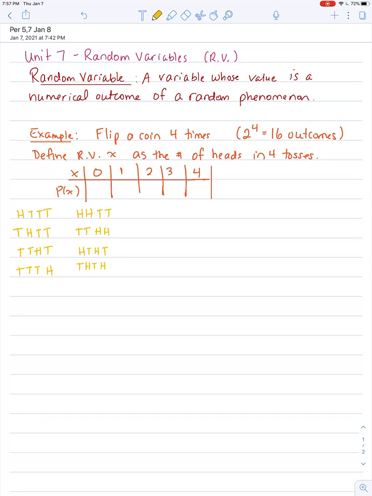So the first column was just 1 heads and 3 tails, but there's 4 different orders of that. This column is 2 heads and 2 tails, but there's a lot of different orders of it. And HTTH. And then there could be 3, which would be HHHT or THHH, or it could be HTHH, or it could be HHTH.